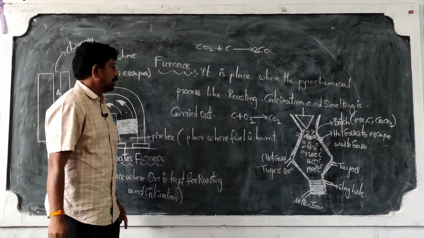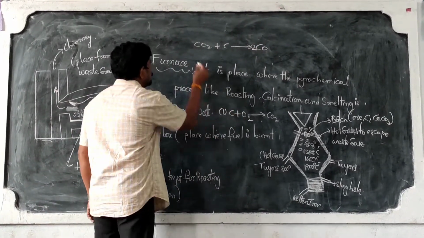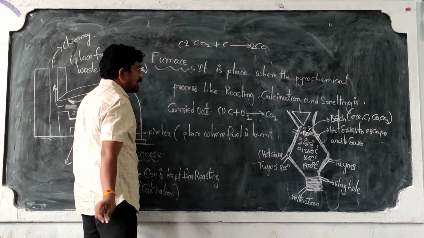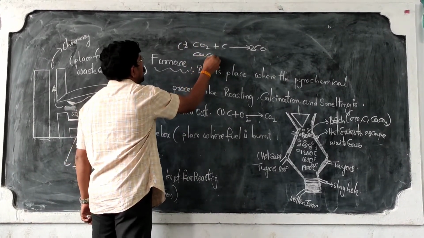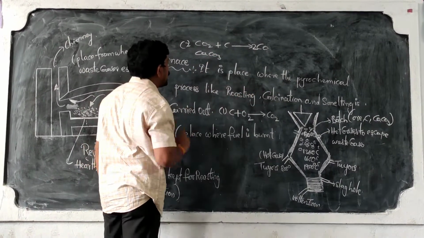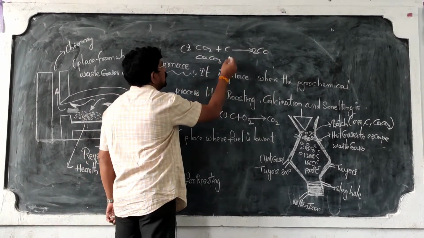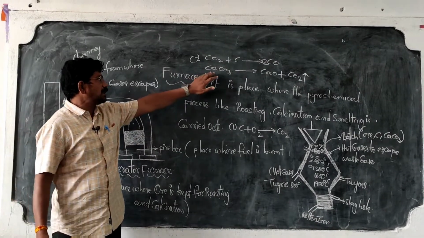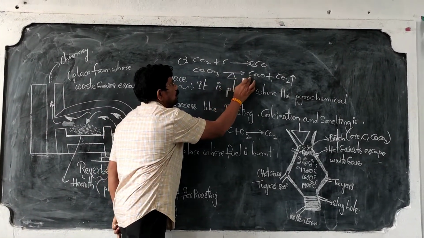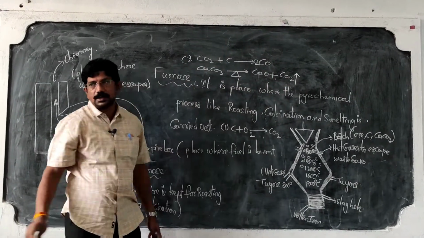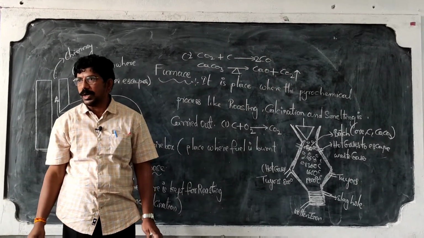This is the first step and this is the second step. In the third step, what is happening? This calcium carbonate, which you added as the flux, decomposes to calcium oxide and carbon dioxide.